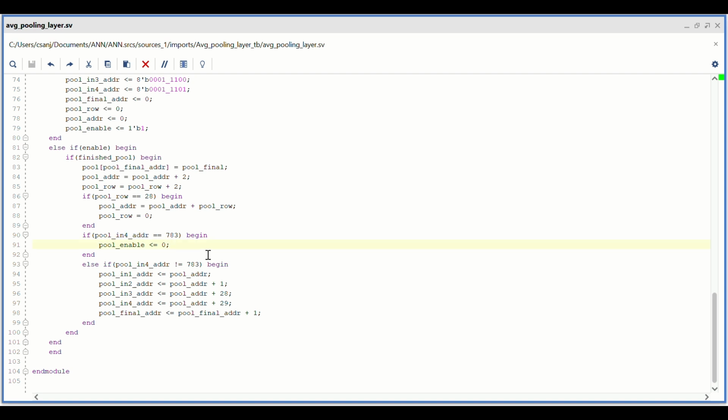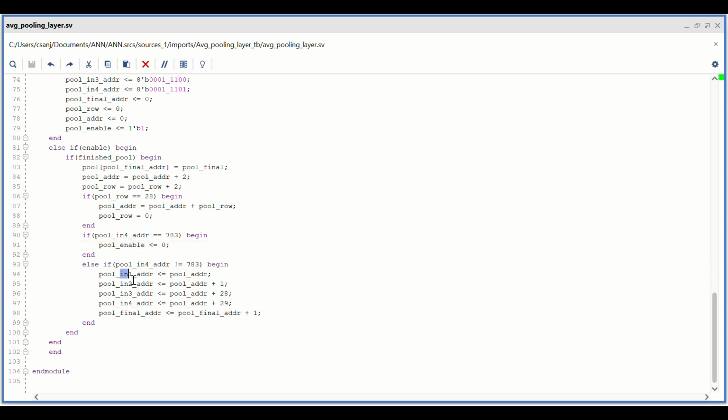Otherwise, if your pool row is not equal to 28, and the fourth pixel address is not equal to 783, this means a normal pooling is going on. What do you do in case of normal pooling? As we have seen in the previous numerical example, if the fourth pixel is not 783, you have not reached the end of the pooling; you have not completed pooling for the image.